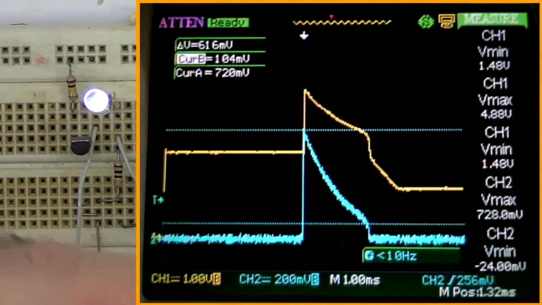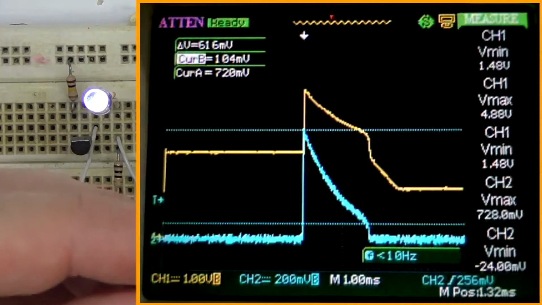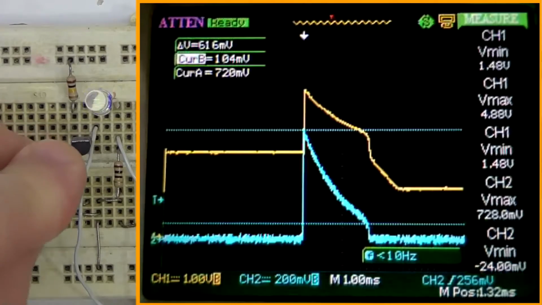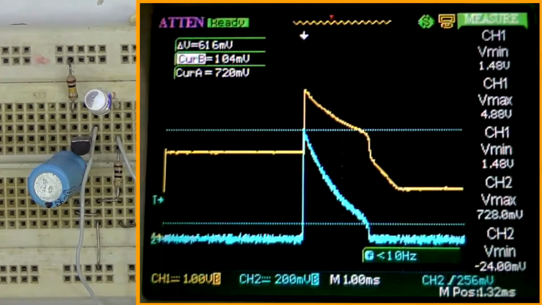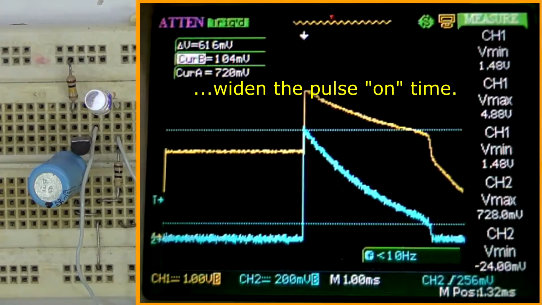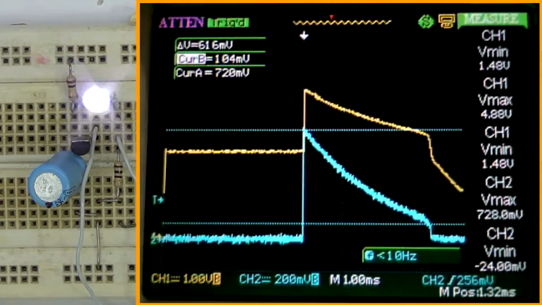So that was a 47 microfarad. If we go to a 25 volt 100 microfarad capacitor, it should slow down the pulse rate, but does it? It does. I didn't have the cursors on that, did I?